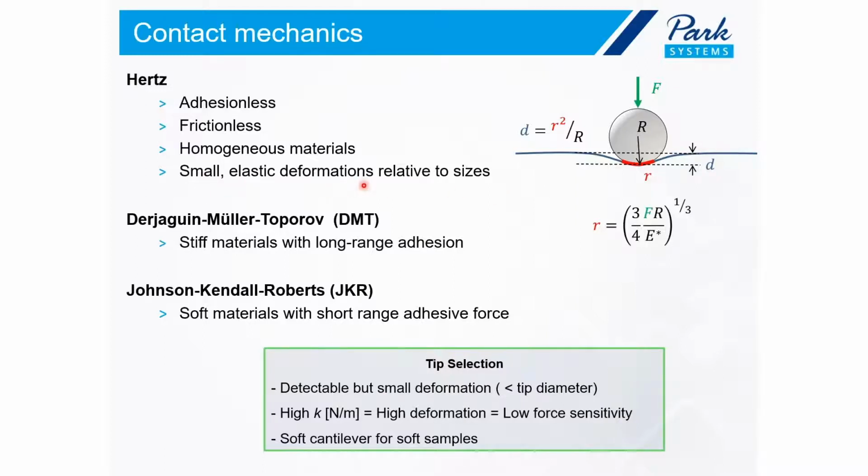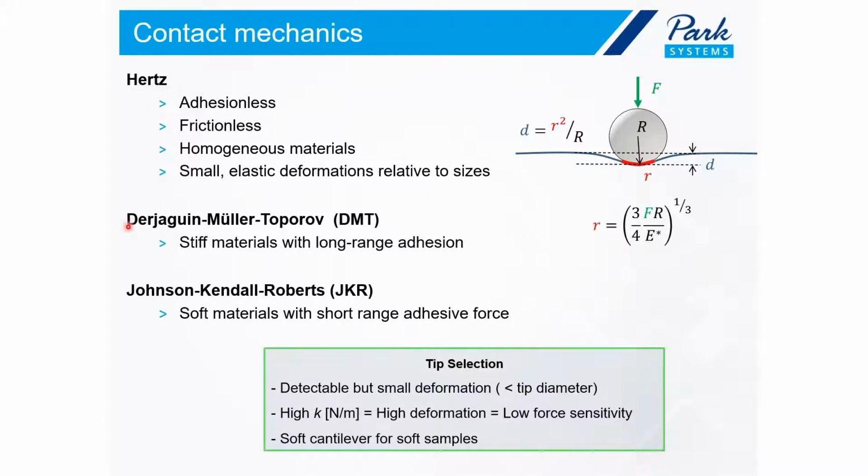So there is no energy loss there. These are quite strict assumptions, and as you realize, this might not be a very good model because there is no contact which is absolutely frictionless or adhesionless. But for some cases, the Hertz model actually works fine enough.